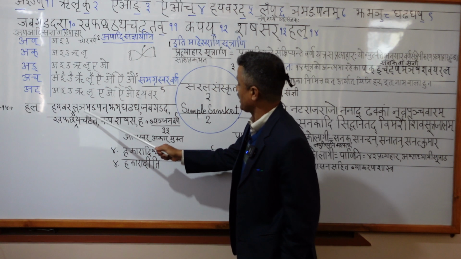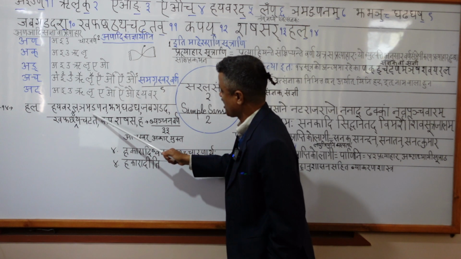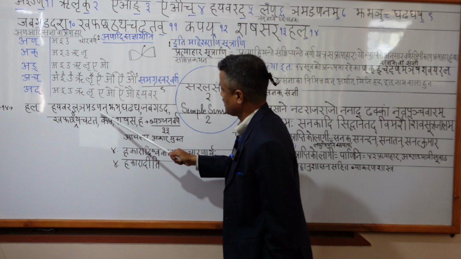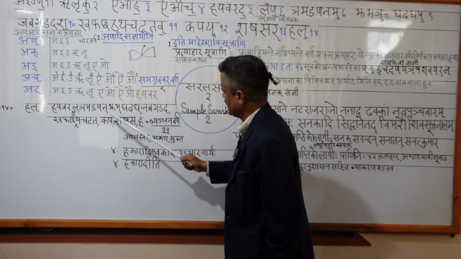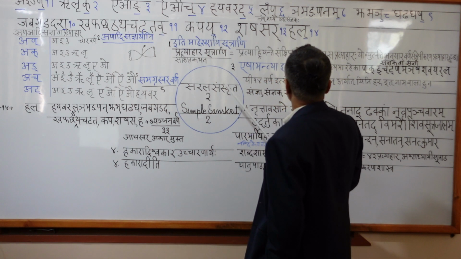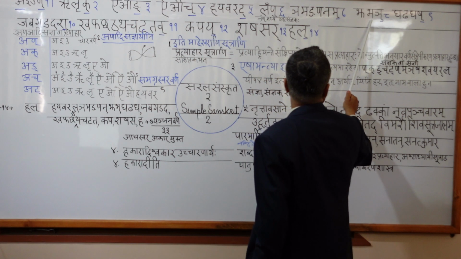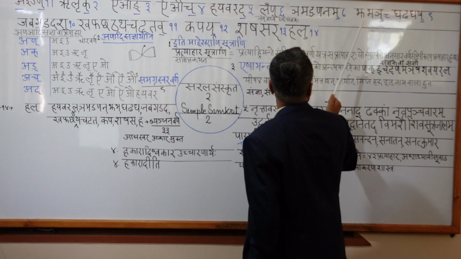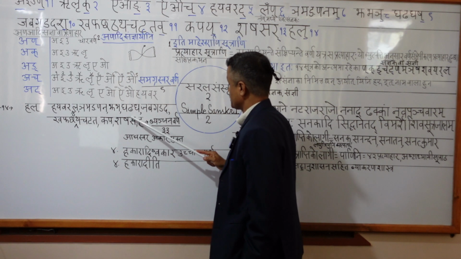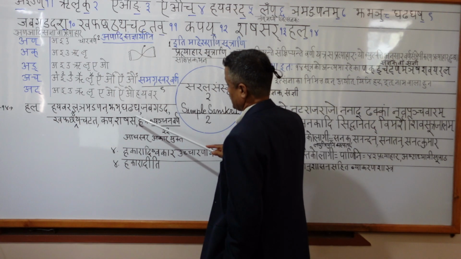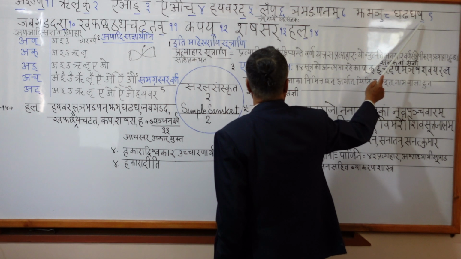Then Ya from group 7, Ma from group 7, Nga from group 7, Ra from group 7, Na from group 7, and you omit Ma. Then Ja from group 8, Va from group 8, and you omit Ya.